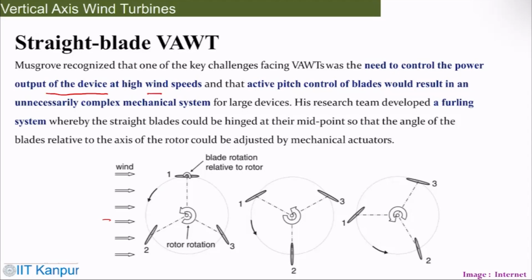This is where the blade is continuously changing its pitch. This particular work says that the straight blades could be hinged at their midpoint, so that the angle of the blades relative to the axis of the rotor could be adjusted by a mechanical actuator. So here you talk about mechanical actuators to handle such conditions.